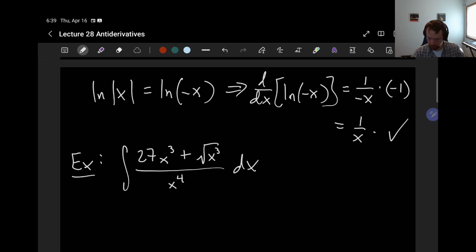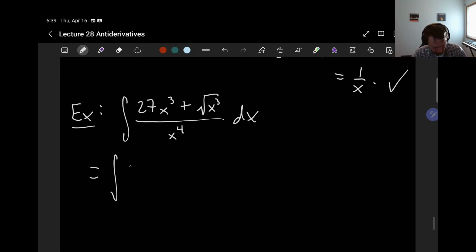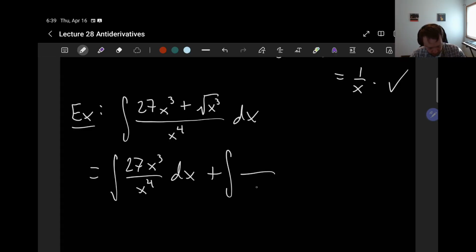We do have the tools to do this. The main trick is to write this as a sum of two separate fractions. The way the fractions work, you can do this. Let's go down here. I can split these up as long as I keep that common denominator.